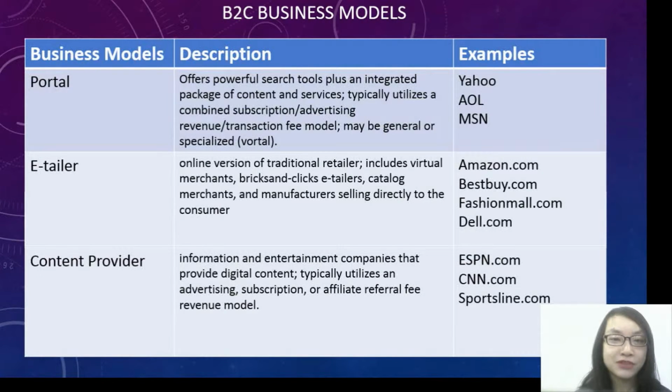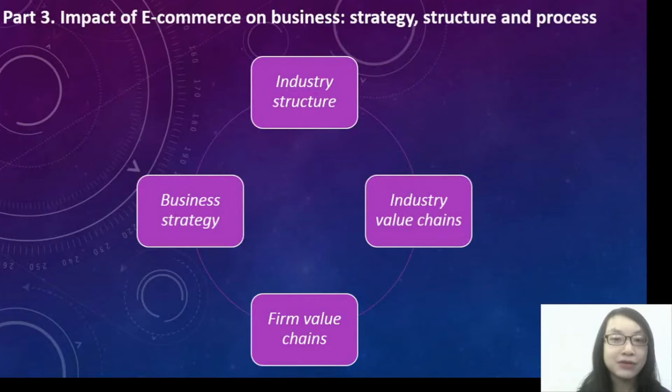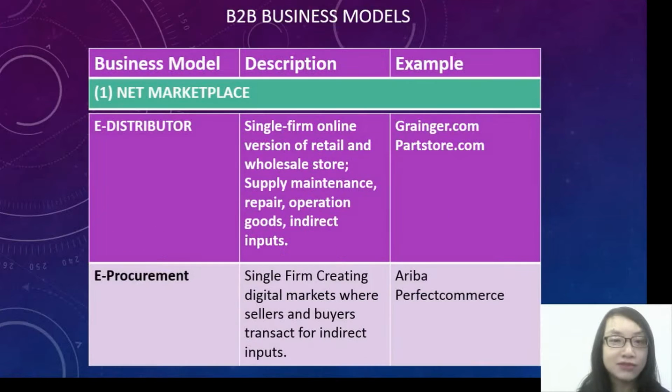B2B business models involve business sales to other businesses, more than 10 times the size of B2C e-commerce, even though most of the public attention has focused on B2C. The business models in the B2B arena include e-distributor, which supplies products directly to individual businesses.